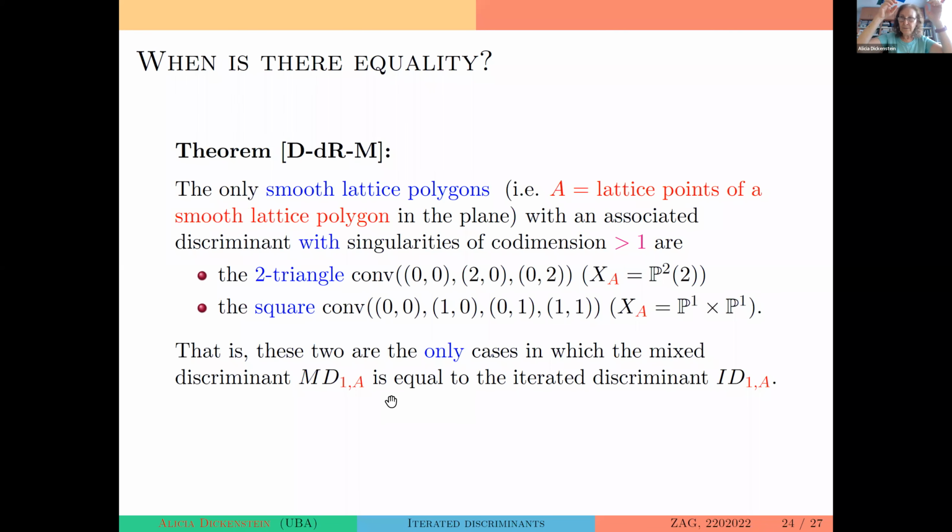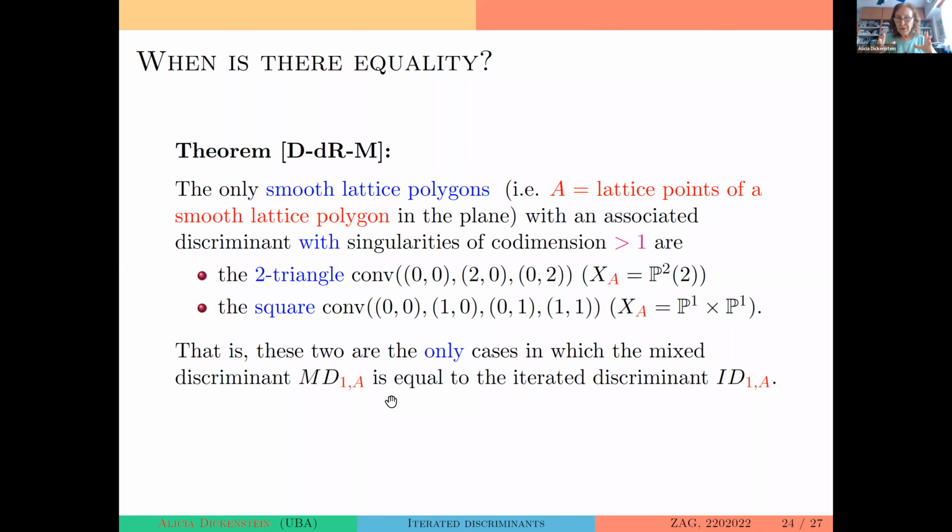Well, lattice polygon means that the vertices are lattice points, integer points, and smooth means that for each vertex, you take the first integer vectors in the direction of the adjacent edges, the first vector you find in this direction, and the determinant has to be plus 1 or minus 1. So then these vectors are a basis of Z^2.